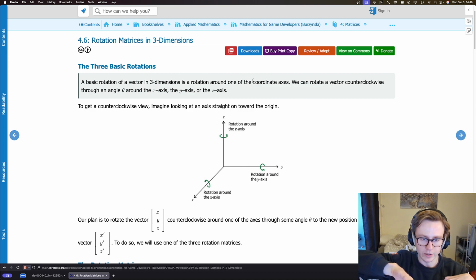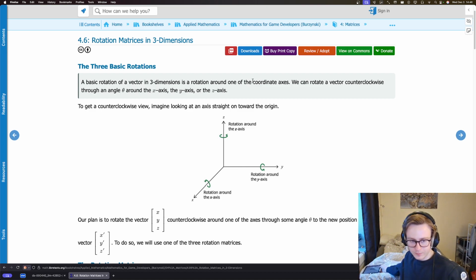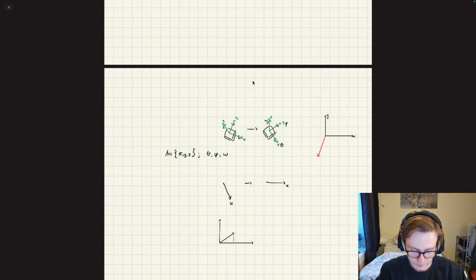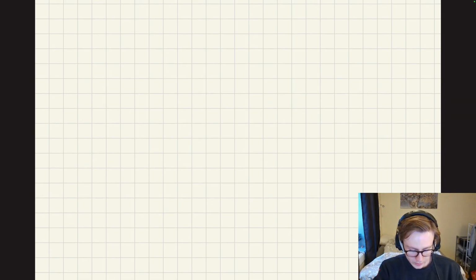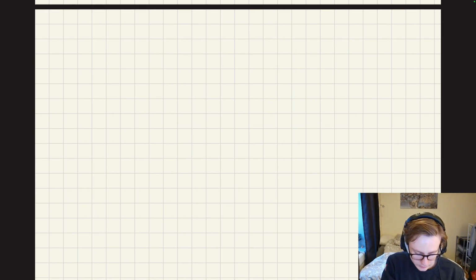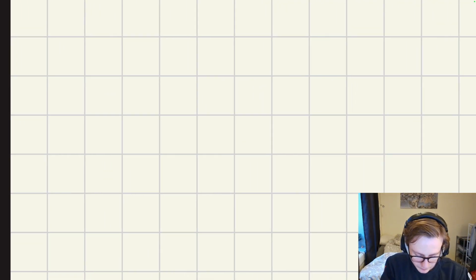Okay, I guess we'll just walk through that for each axis then. That seemed logical to me. So we have x coming out.